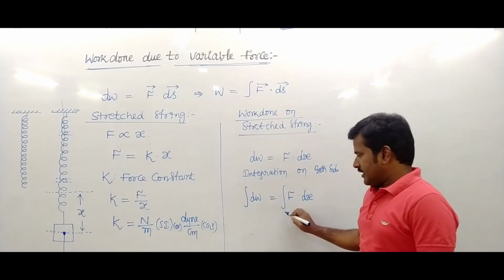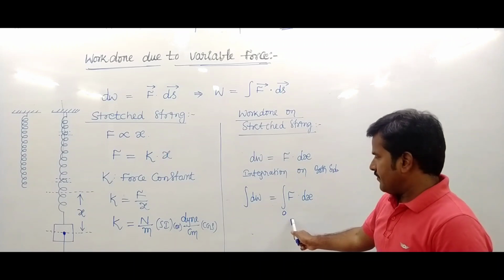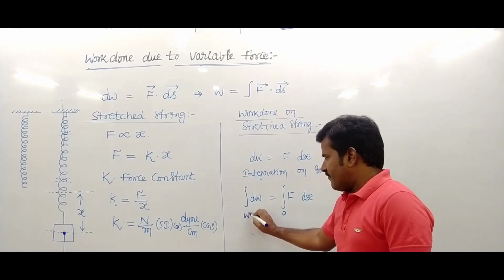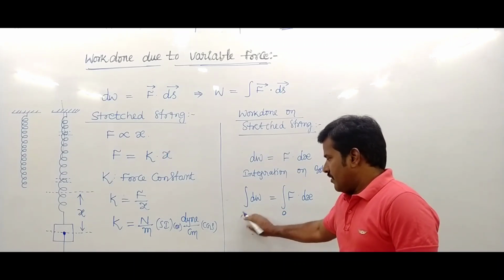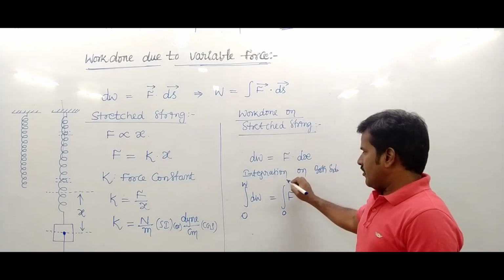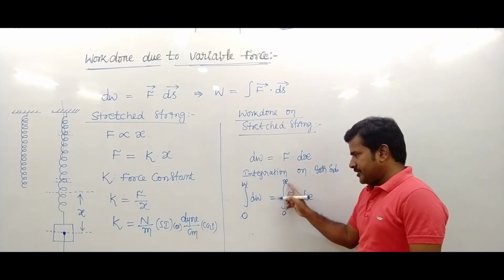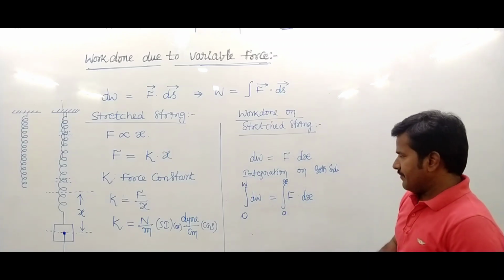Here the limits: initially, without load, the displacement is 0 and the work done is 0. With load, the displacement is x and the work done is W. Integration of dW equals integration of F into dx.